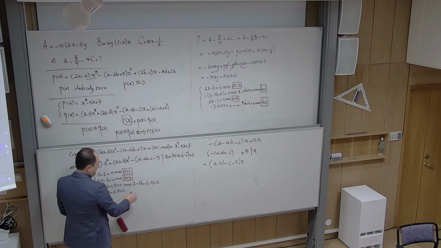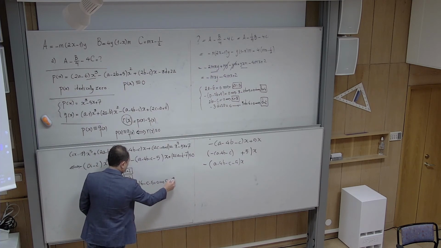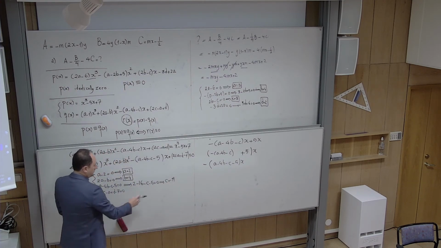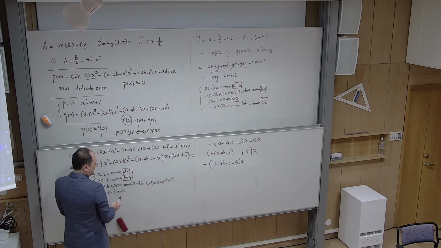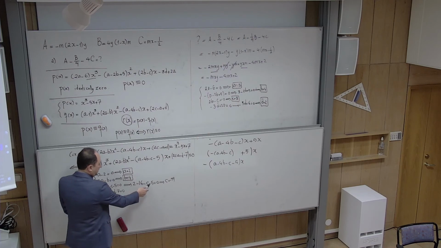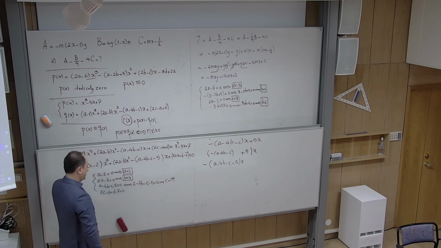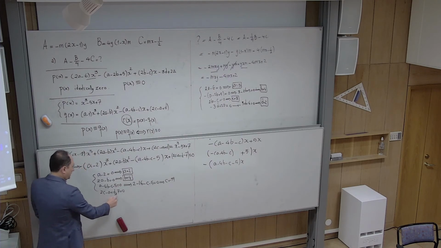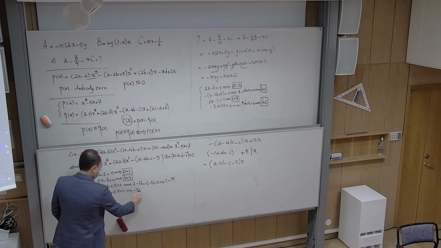So what is the answer? It's minus 19. Am I right? This is right. So 2 minus 16 is minus 14. Minus 19. I moved, yes, that's correct. And then I put the number here. Minus 19 times 2 is minus 38.